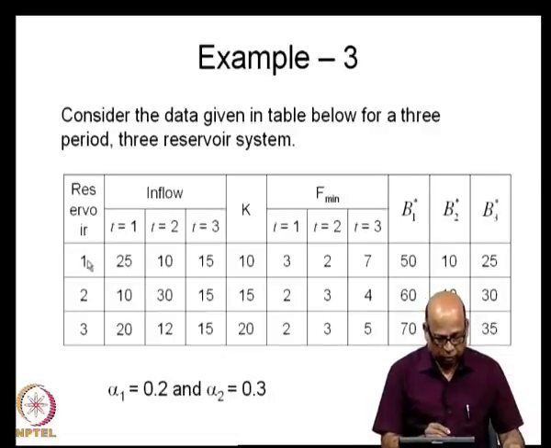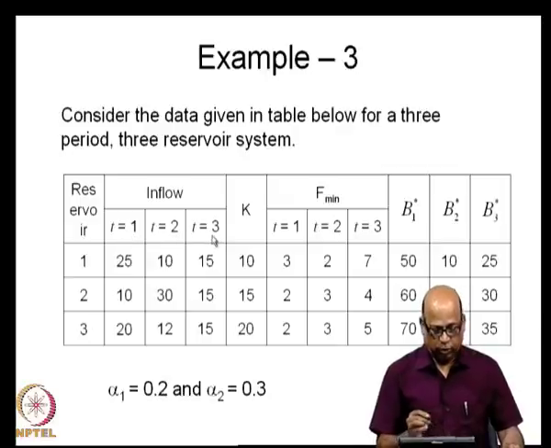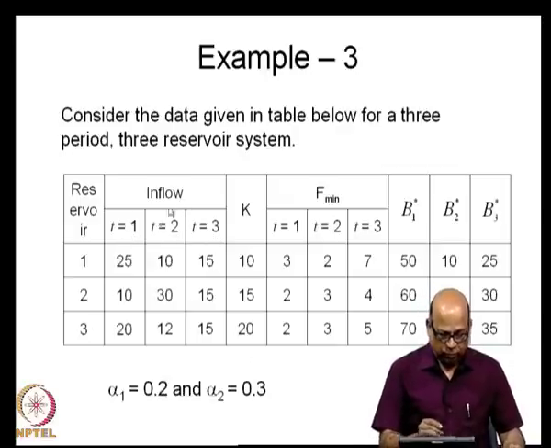You have 3 reservoirs 1, 2 and 3. There are 3 time periods 1, 2 and 3. The inflow during each of these 3 time periods for each of the reservoirs is given in some volume units: 25, 10 and 15.